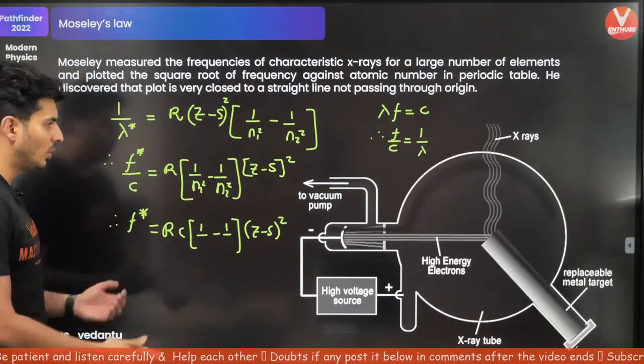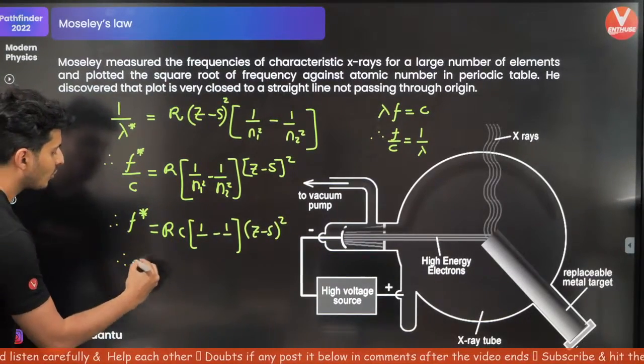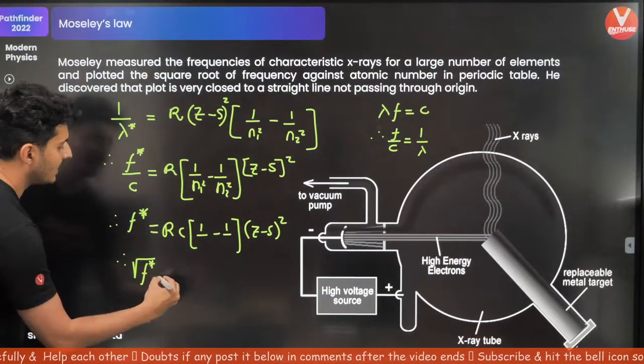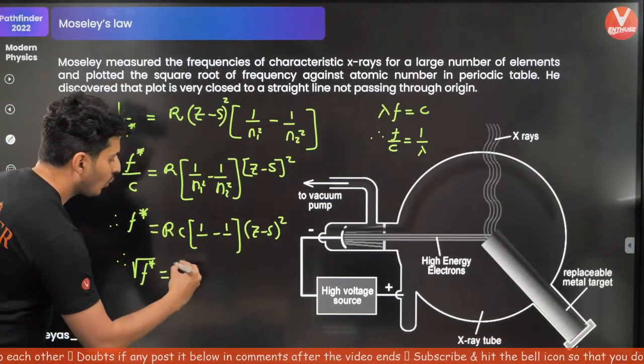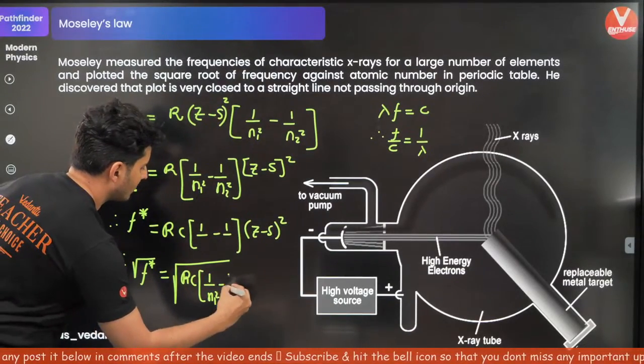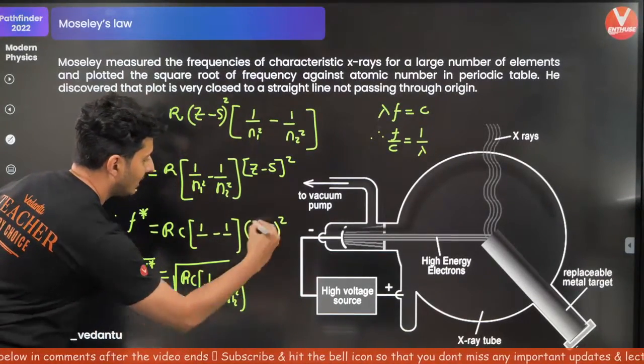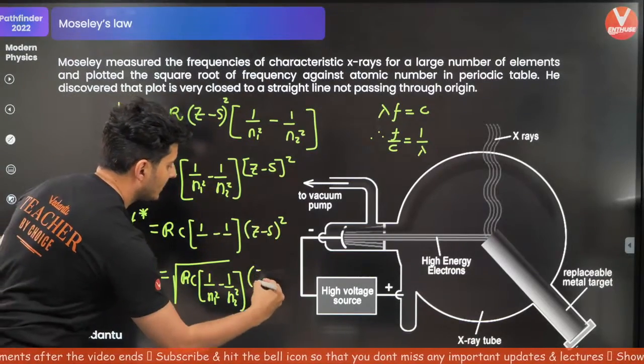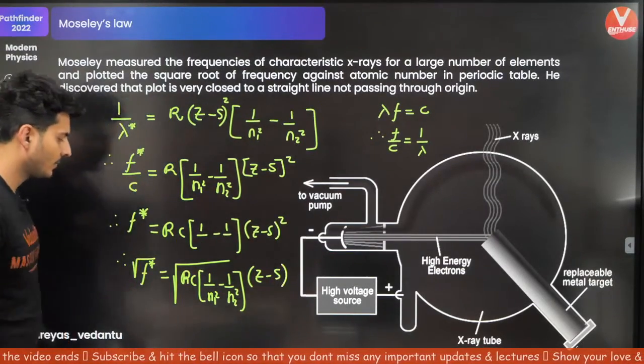I can take root on both sides, and this will become root of that characteristic frequency is equal to root of Rc into 1 by n1 square minus 1 by n2 square, and that square goes off, so we'll just have Z minus s.